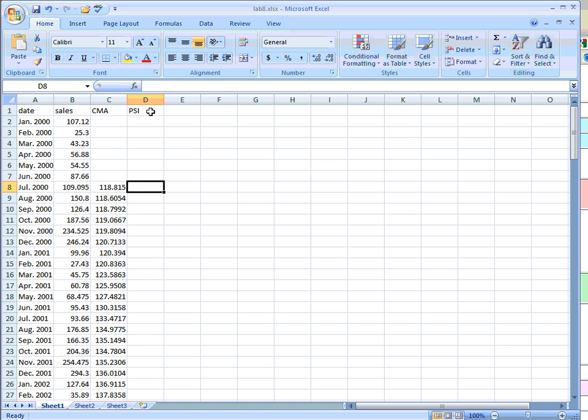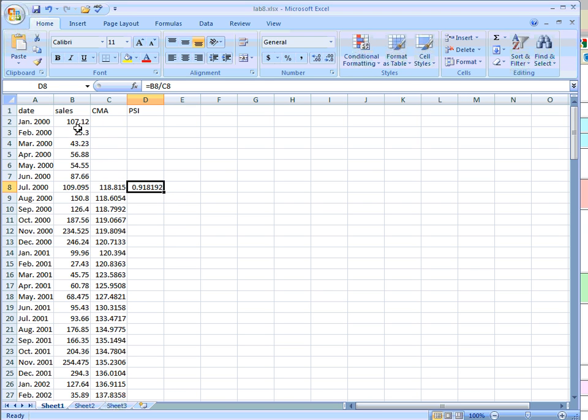Preliminary seasonal indicator is a simple one. Takes sales divided by centered moving average. So the centered moving average is basically the average of what you'd have if you didn't have seasonality. Since this is less than 1, that says seasonality means our sales are slightly less than we would expect.